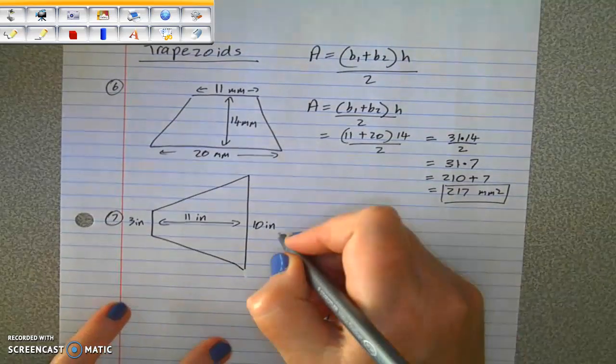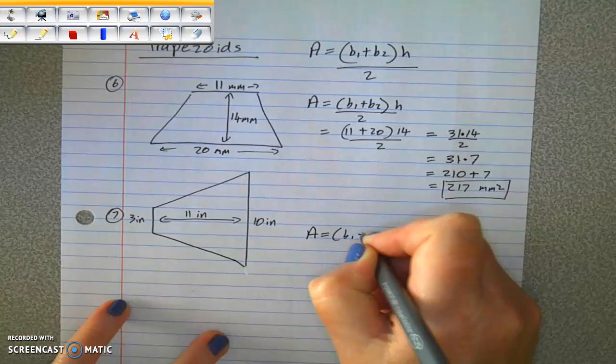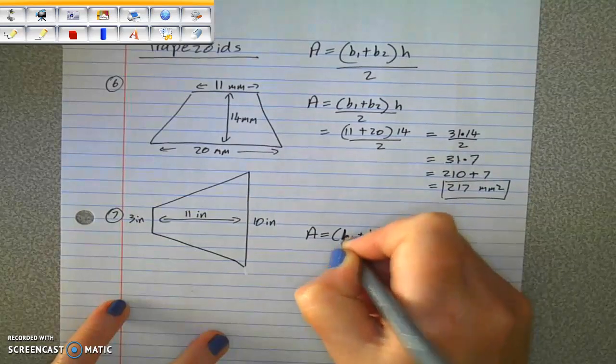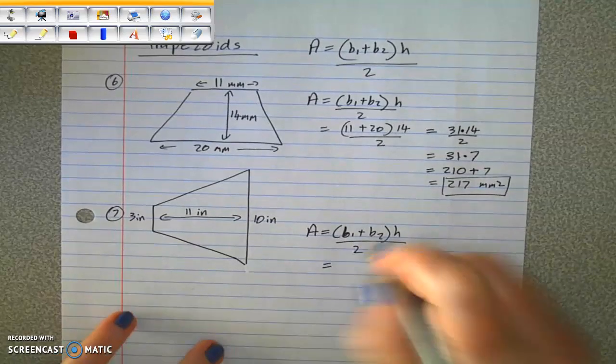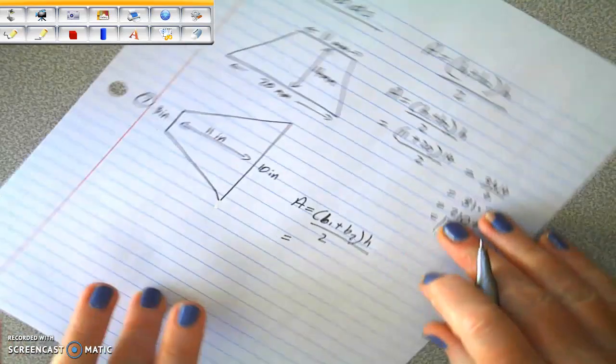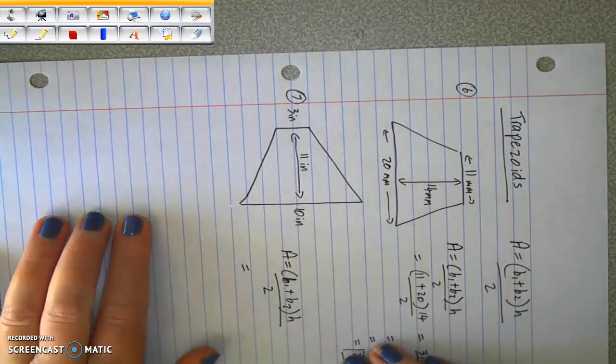Okay, second trapezoid here. Area is again base 1 plus base 2, add the bases together, times the height divided by 2. So for this one, you need to look at it sideways. The two bases are the 3 inches and the 10 inches, and the height is the 11 inches.